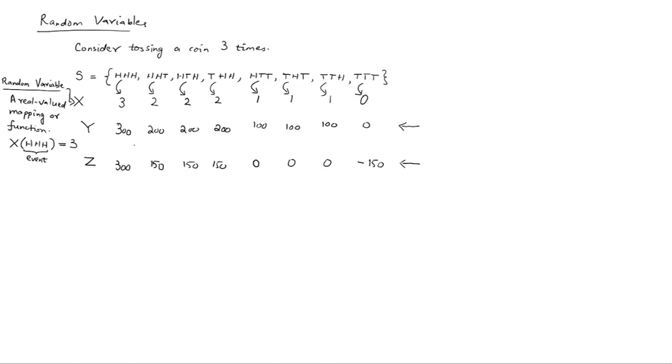You're more interested in how much money you're making or losing. So that's why random variables are important. So this was the first view of a random variable: it represents a mapping or a function from events to numbers.